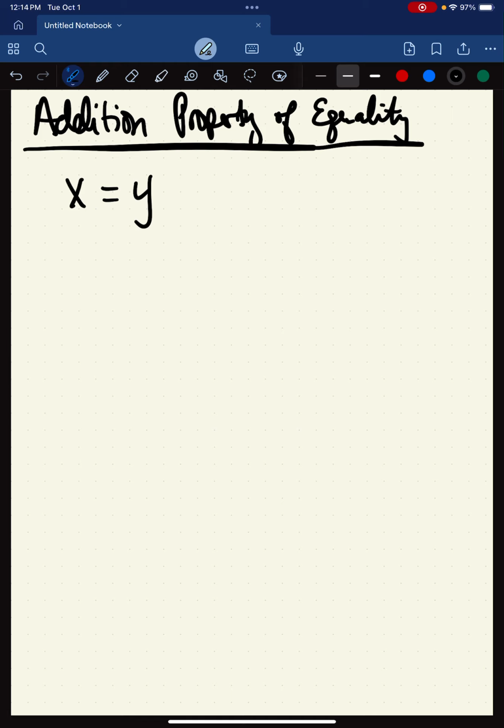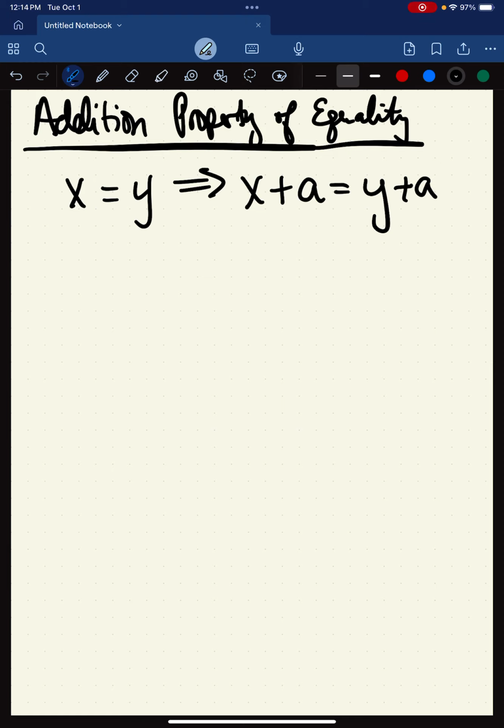So first, let's talk about some properties of equalities. We're going to start with the addition property of equality, which says, we've actually used this before without explicitly stating it, that if you have a number x and that's equal to y, then if you have another number a, x plus a is equal to y plus a.